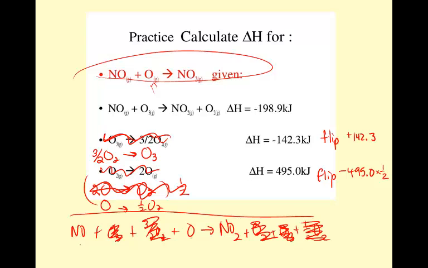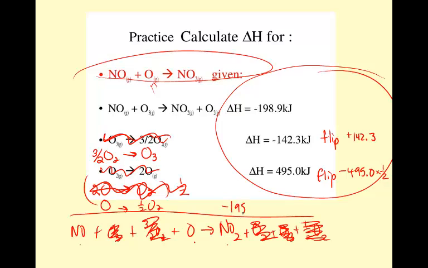And now we have NO plus O gives us NO2, which is our desired reaction. So what we have to do now is add up all these delta H's after we make sure we take care of the flips and whatever we multiply by. So we have negative 198.9 kilojoules because we didn't do anything to that delta H. We flipped this one, so this is now positive 142.3.